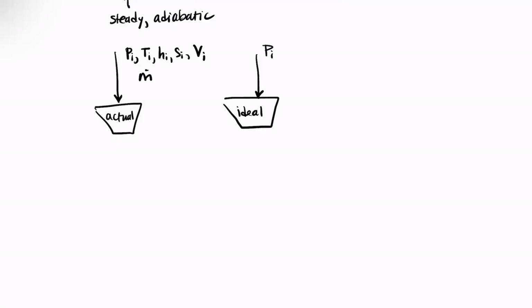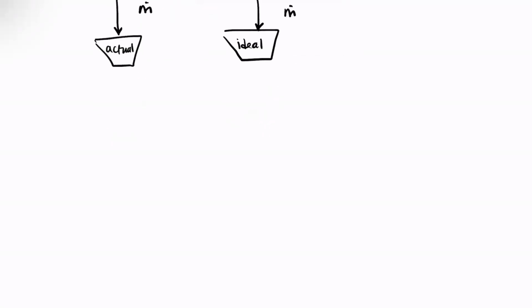We'll keep that the same for our ideal system: the same pressure, temperature, enthalpy, entropy, velocity, and mass flow rate. For the exit, our actual system will have its exit pressure, temperature, enthalpy, entropy, and velocity.